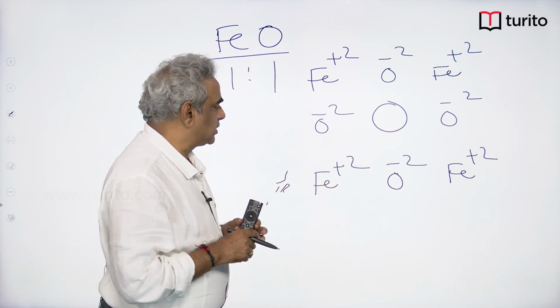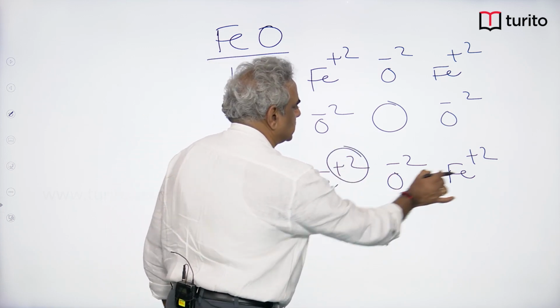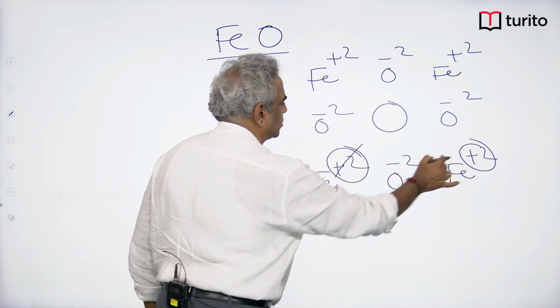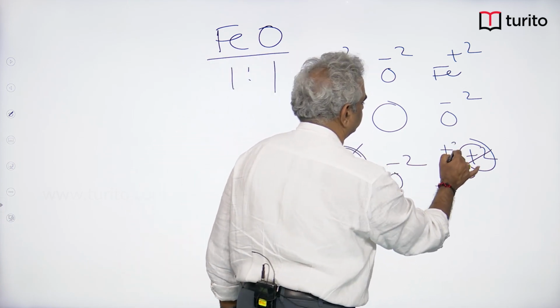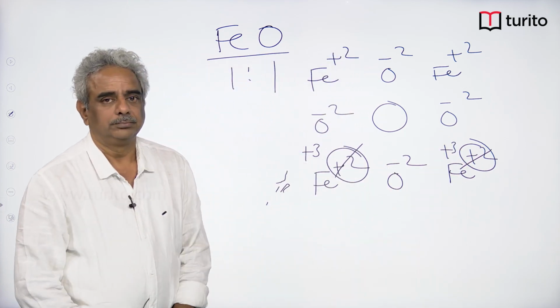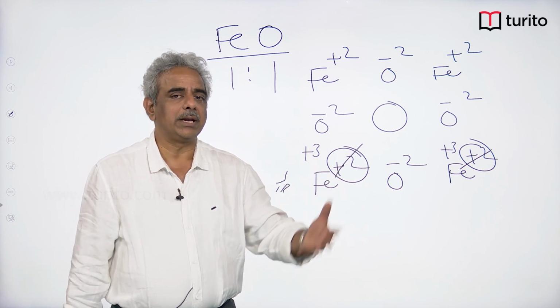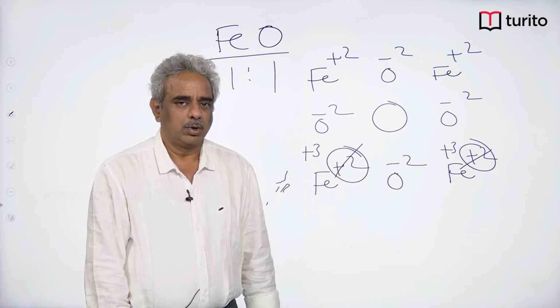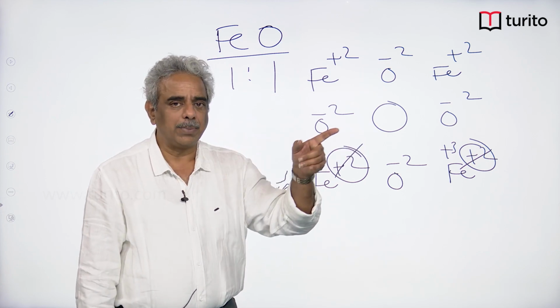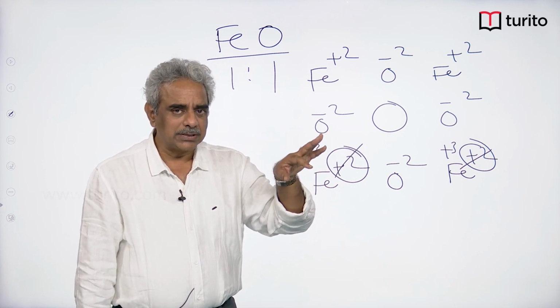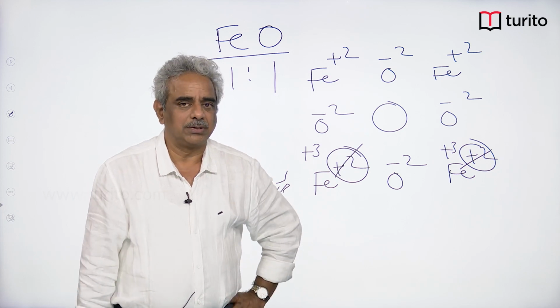So, while crystallizing, these irons will crystallize, instead of plus 2, in plus 3 form. So, 2 irons will change their oxidation state to plus 3. 1 iron is missing, Fe plus 2. In that place, the other 2 irons get oxidized.